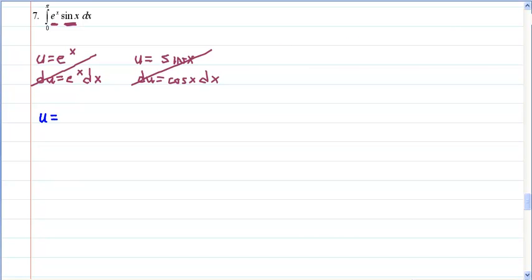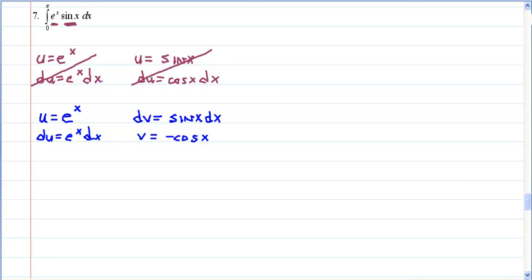What you want to do with this problem then is to let your u equal whichever function you want. And I'm just going to pick u to be e to the x. So then du is e to the x dx, dv is sine x dx, and v is equal to negative cosine x, because the derivative of negative cosine x is sine x.